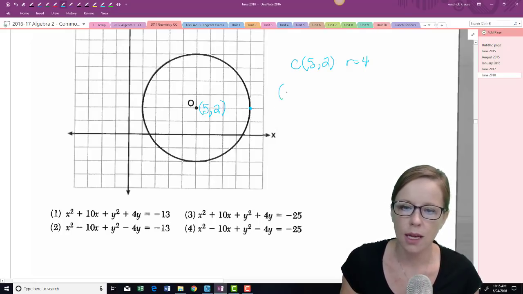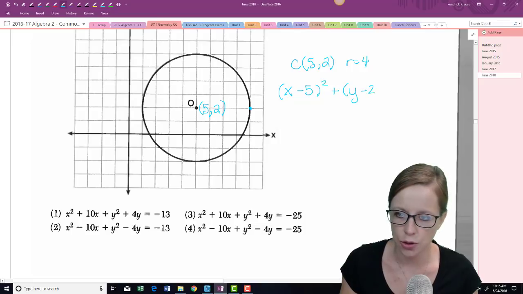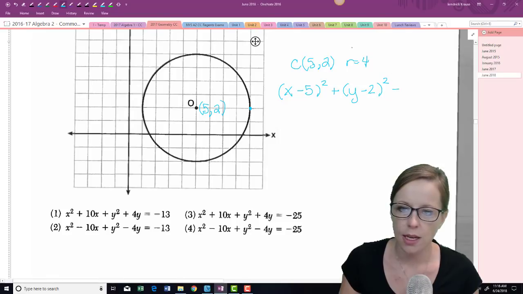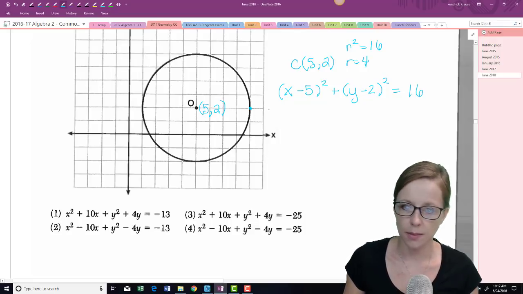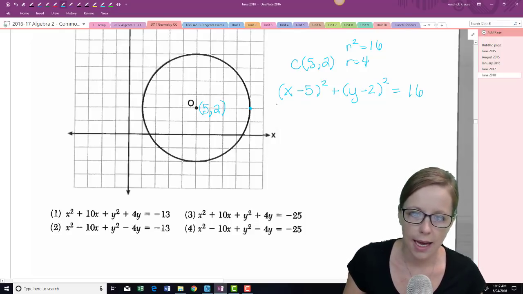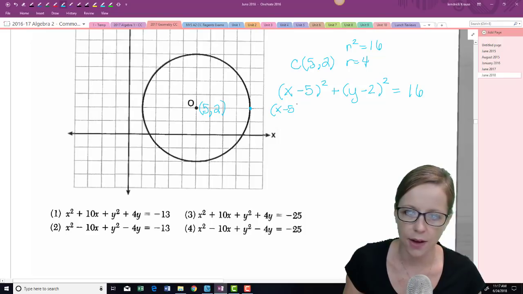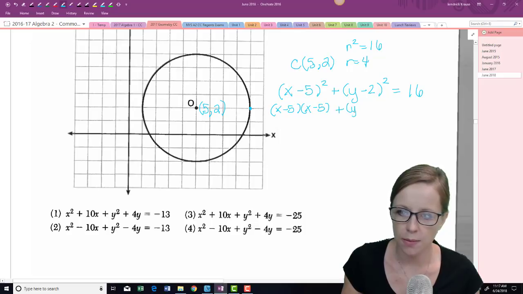Your brain should tell you (x minus 5) squared plus (y minus 2) squared equals the radius squared. If r is 4, then r squared is 16. Multiply it all out. So (x minus 5) squared means x minus 5 times x minus 5, and (y minus 2) squared means y minus 2 times y minus 2, equals 16.